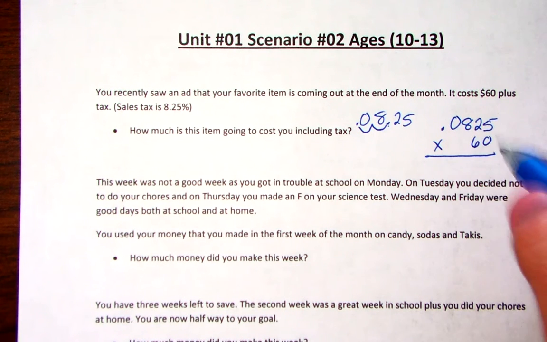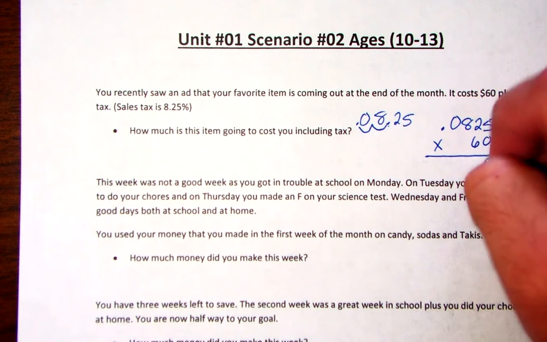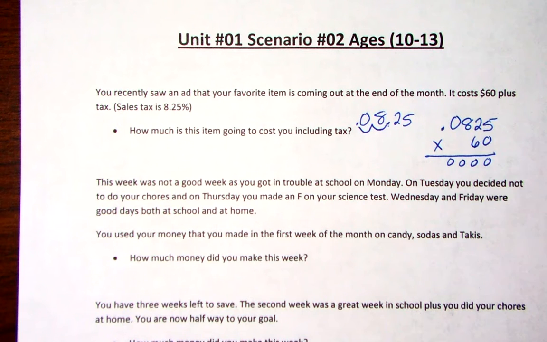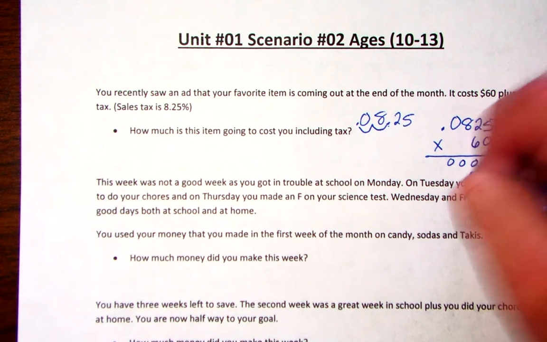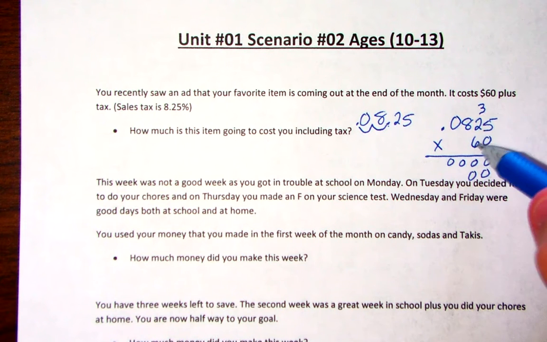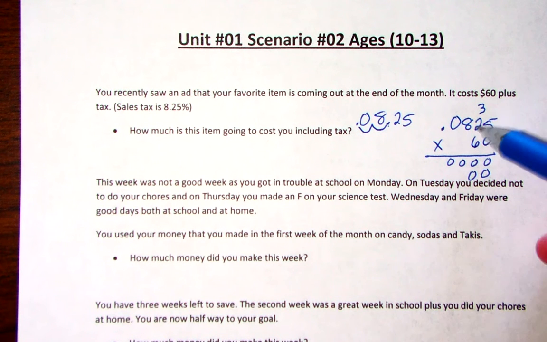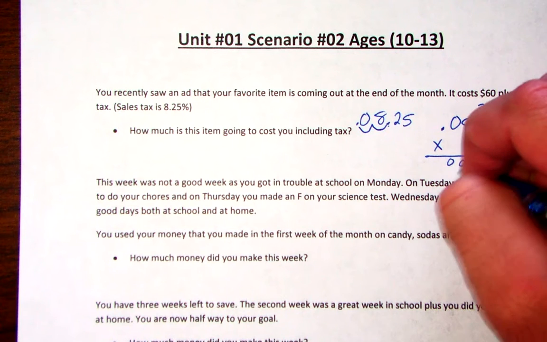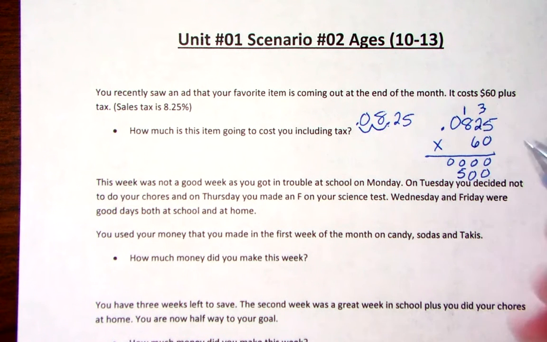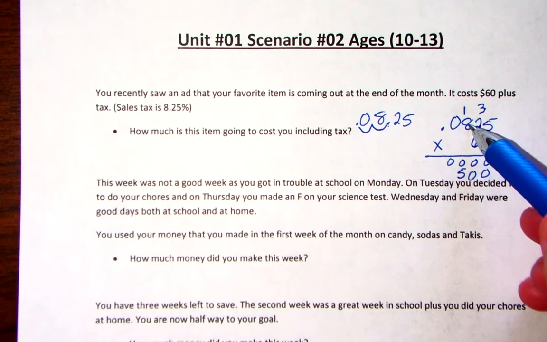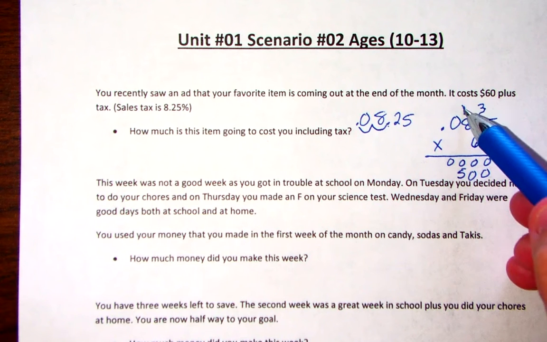There's your sales tax times the cost of the item. Well, of course, when you multiply by 0, it's just 0. Second row, add a 0. 6 times 5 is 30. 6 times 2, anybody? 6 times 2, that's 12. 12 plus 3 is 15. 6 times 8 is 48. Plus 1 is 49.